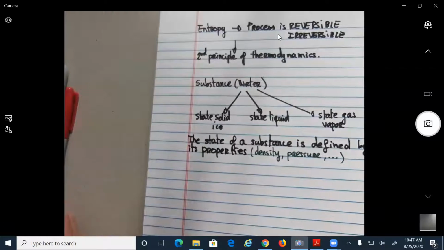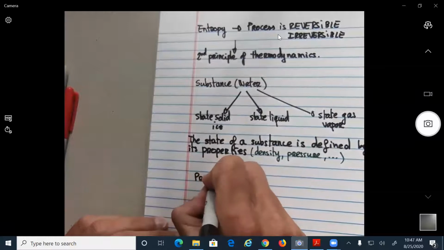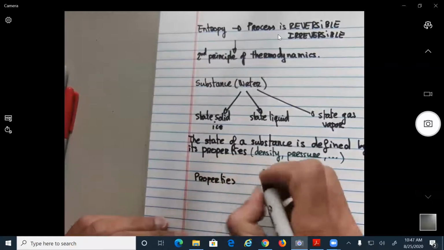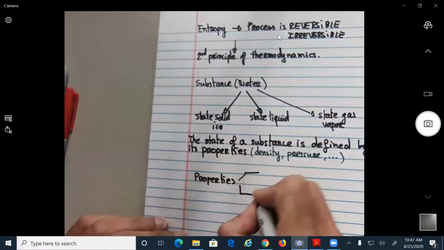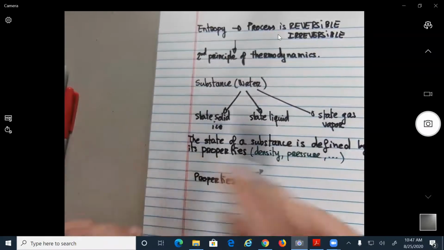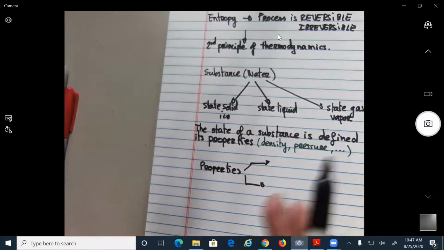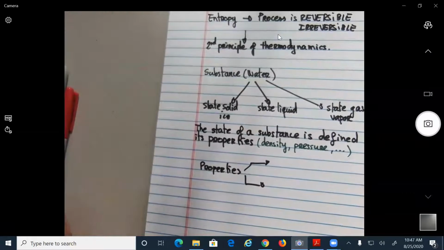Now we have two types of properties. It is not important to know the name, just important to know that there is a difference. So for example, in this class, if I ask you, what is the total mass of everything contained in this classroom? What do we need to do?